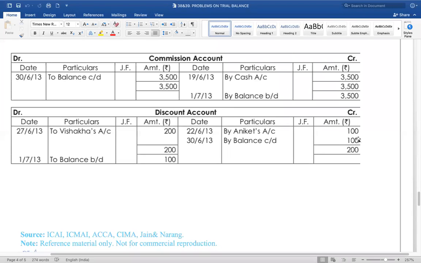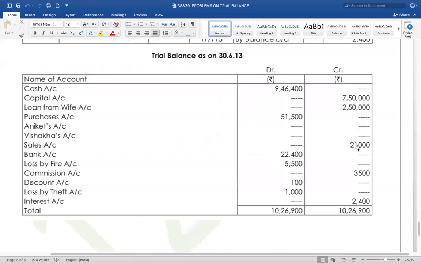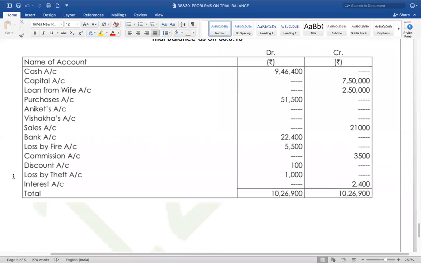The difference is 100. So debit balance of 100 discount. That's an expense or loss for us, so debit. The net discount we have given is 100, we gave 200 and we received 100. It might sometimes be the net discount received; then in that case the amount is written here. This is the net discount given.